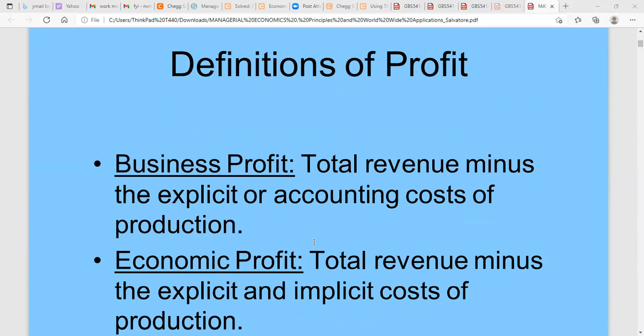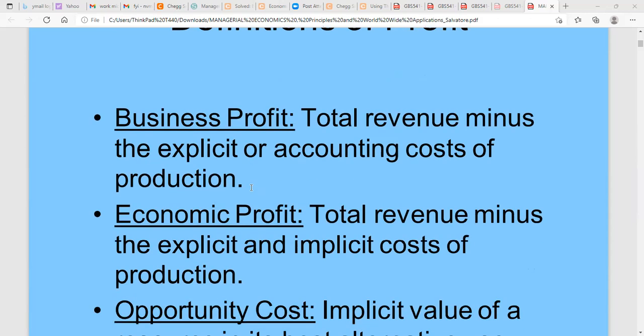As we look at the profit maximizing aim, we need to understand some definitions of profits. There's business profit, which is simply total revenue minus the out-of-pocket costs, called the explicit costs of production. We also have economic profit.